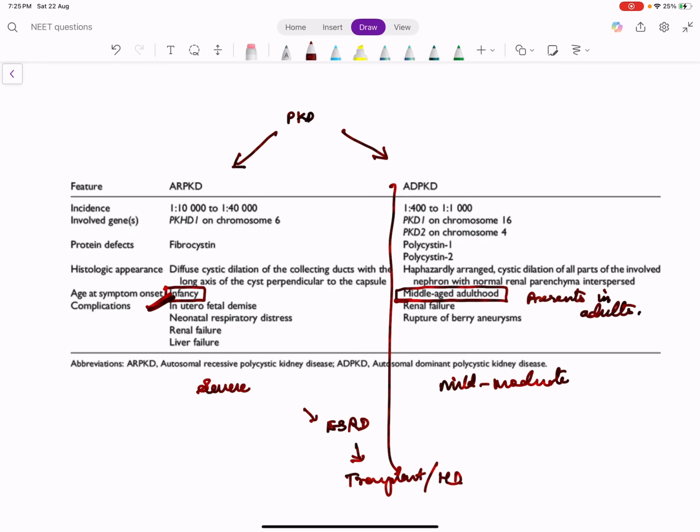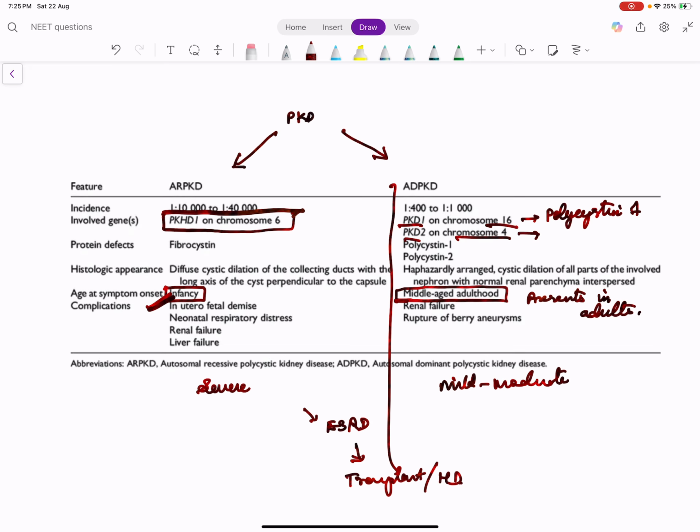What is the gene involved? In autosomal recessive polycystic kidney disease, it is PKHD1 in chromosome 6, try to remember this. In ADPKD, 2 genes are involved: PKD1 in chromosome 16 or PKD2 in chromosome 4. PKD1 normally produces a protein called polycystin 1 that is deficient.